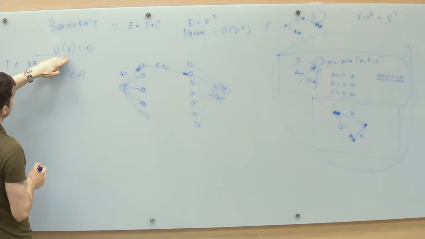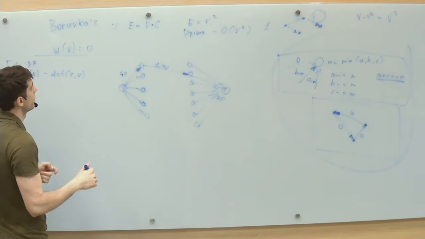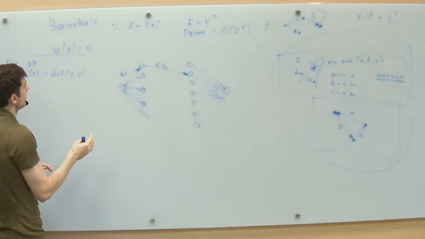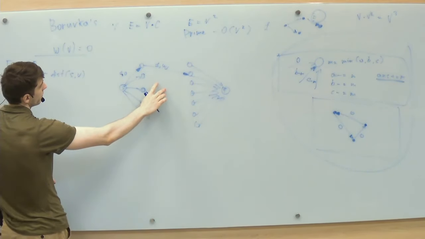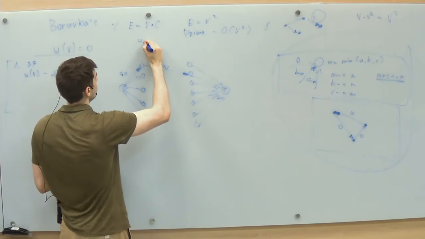We can initialize this if we have negative costs, but since we don't have negative costs here, if our weights are positive, right?